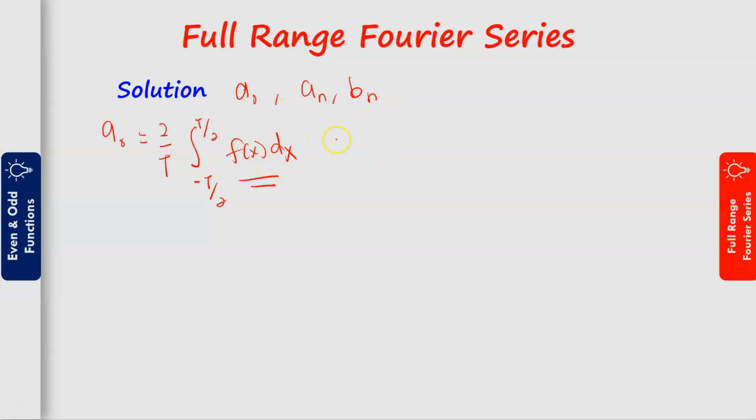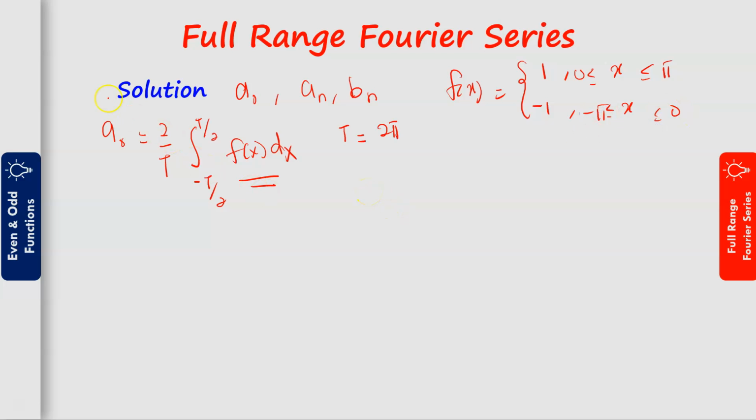And then if you still remember in chapter 2, in week 12, the period is equal to 2 pi. And our f(x) is given by the function in the question: 1 for x between 0 and pi, negative 1 for x between negative pi and 0.